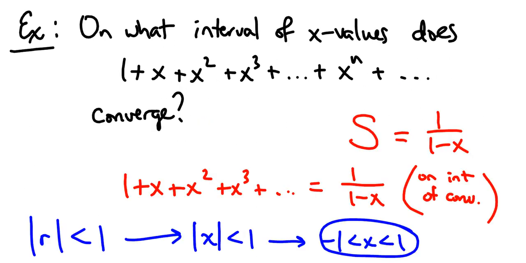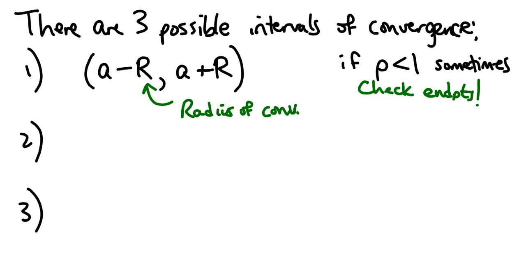Now, in our case over here, we know that because it's a geometric series, there is no convergence at -1. There is no convergence at +1. And that's pretty straightforward. 1 plus 1 plus 1 plus 1 plus 1 doesn't converge. The second possibility is that the interval of convergence runs through the number line from -infinity to infinity.